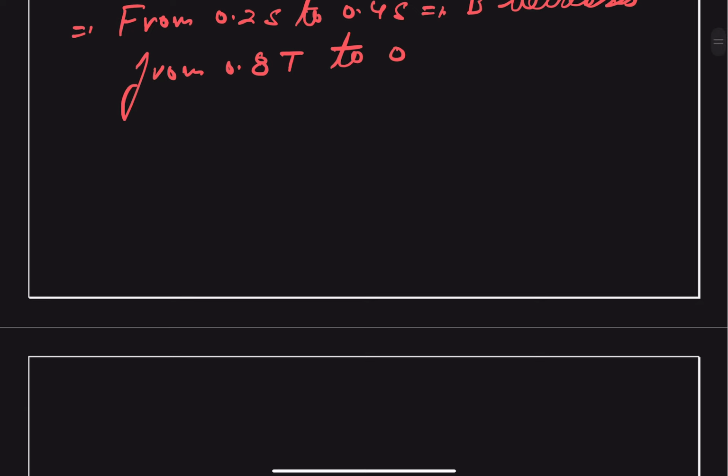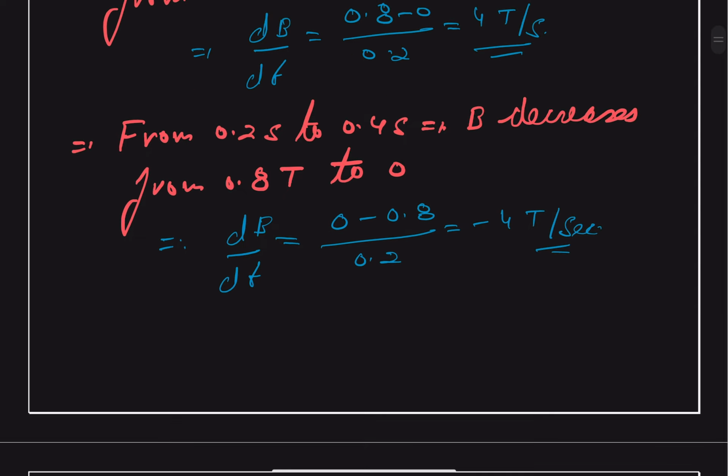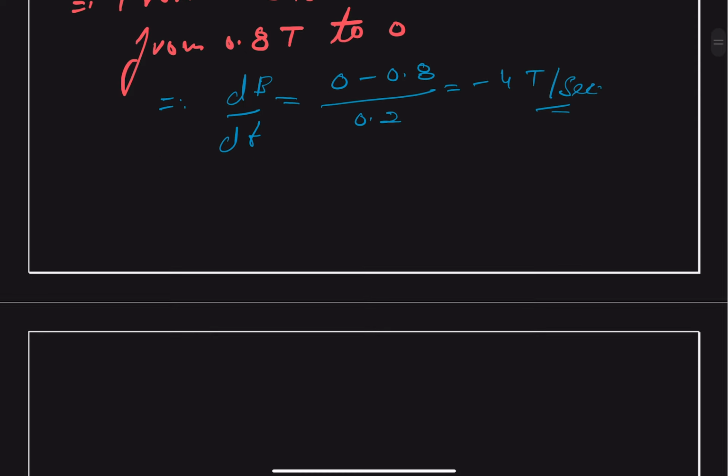So in this case, we can write that our rate of change of magnetic field is 0 minus 0.8 divided by 0.2, this comes as minus 4 Tesla per second. Now we can find out the rate of change of magnetic flux.